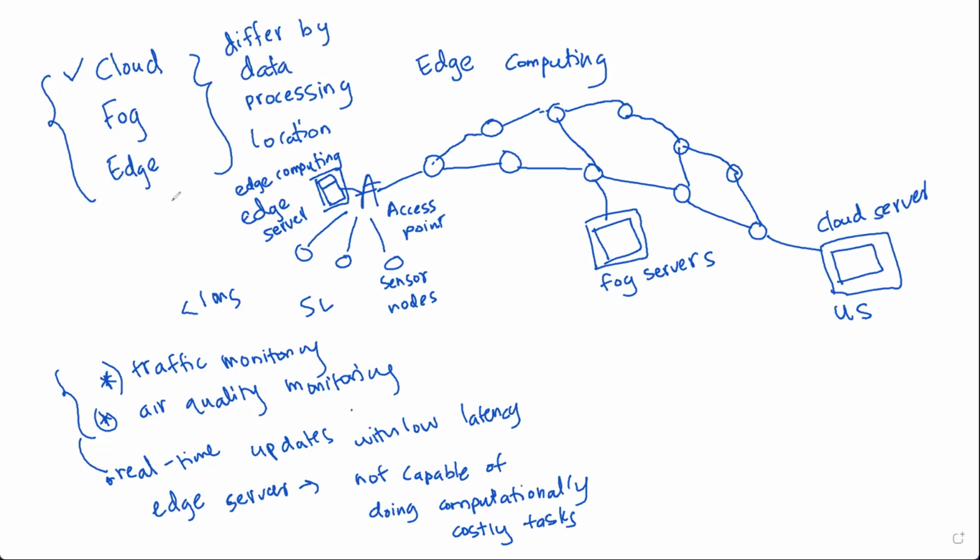And once we have large volumes of data, we might not be able to send all the data to the cloud server. Rather than sending all the data, we can process the data in the edge server. We can make some important decisions, like whether to send a certain batch of data or not. After deciding that, we can send only the useful data to the cloud server.